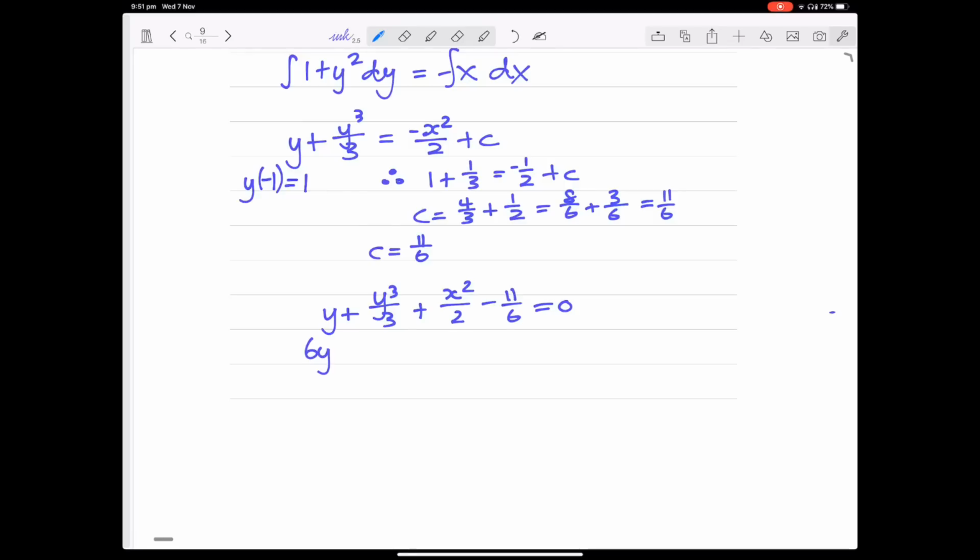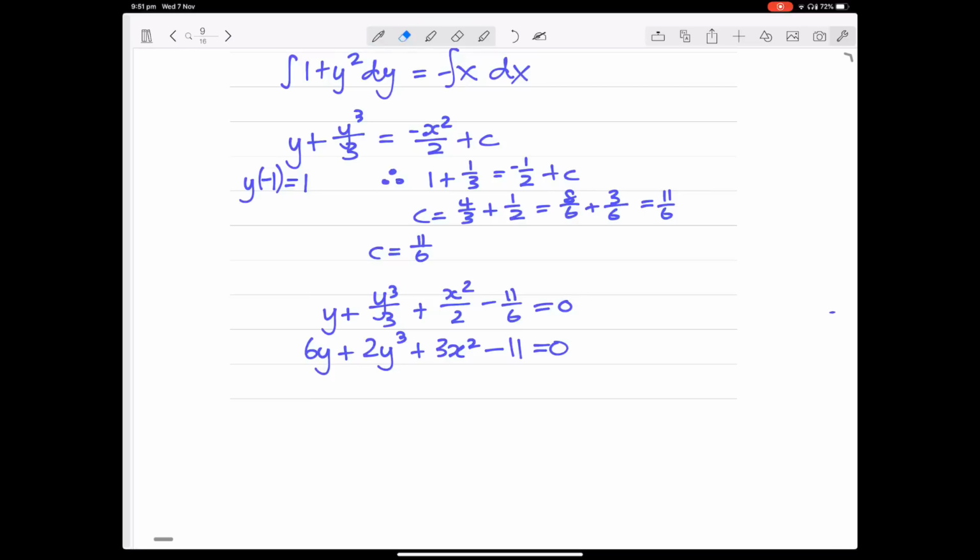So 6y plus 2y cubed plus 3x squared minus 11 equals 0.